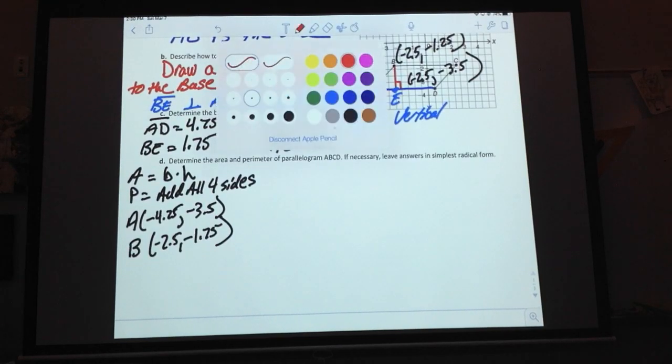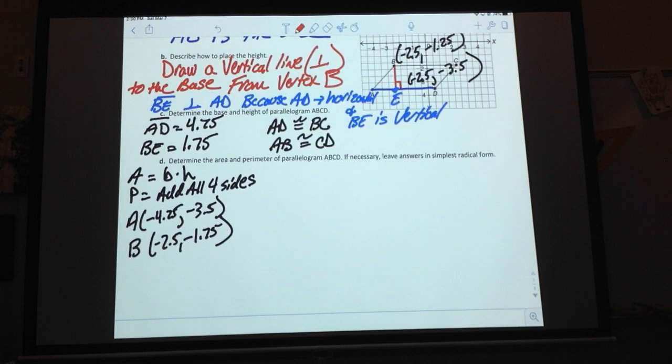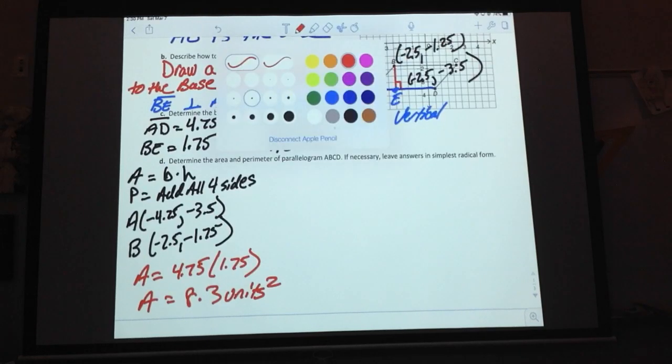So let's do that real quick. Let's do area first. So area is going to be equal to 4.75, and that's going to be times 1.75. And my area is going to be 8.3 units squared. All right.